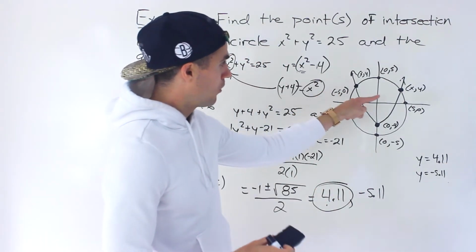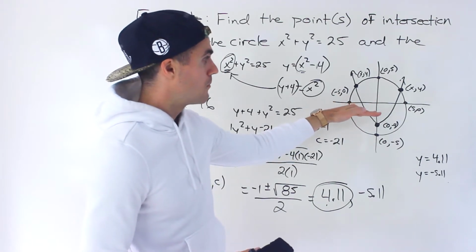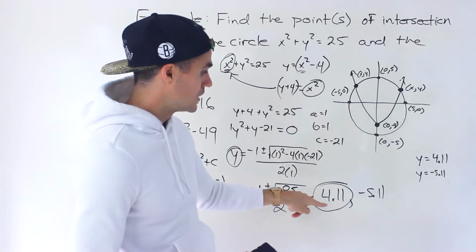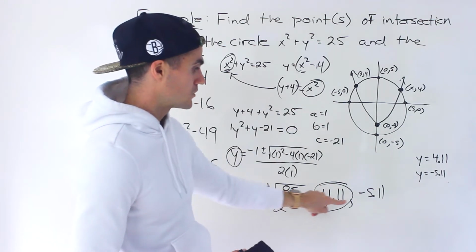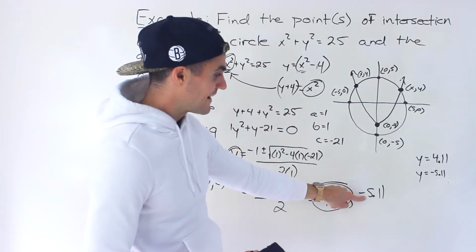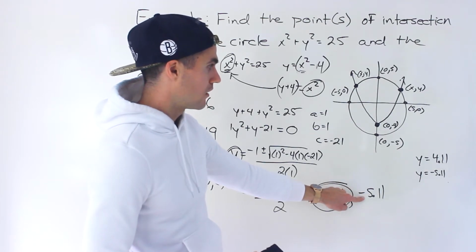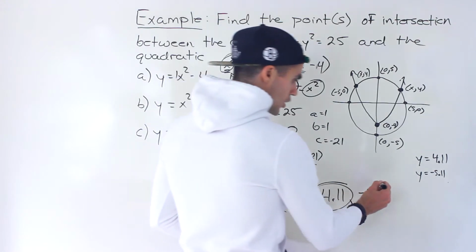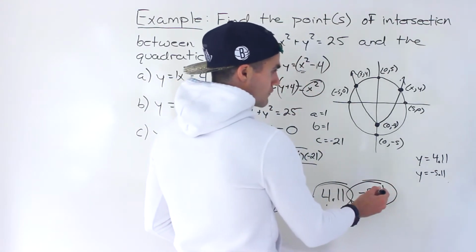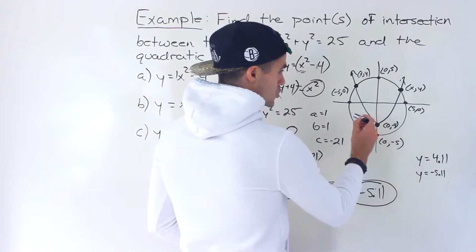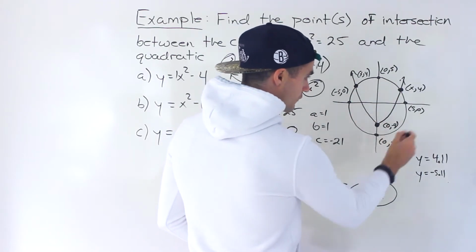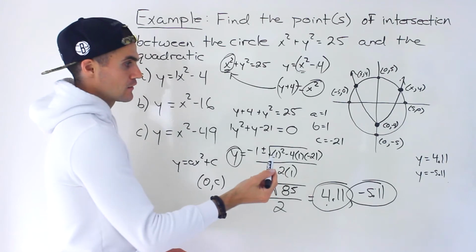Because notice that these points, according to this diagram, they are above the x-axis, meaning they have a positive y value. So it makes sense that we get a positive y value. But then notice here we got a negative y value as well. Okay, and then when we look at this, notice that this negative y value doesn't make sense because there are no points of intersection between the quadratic and the circle that have a negative y value in the diagram.